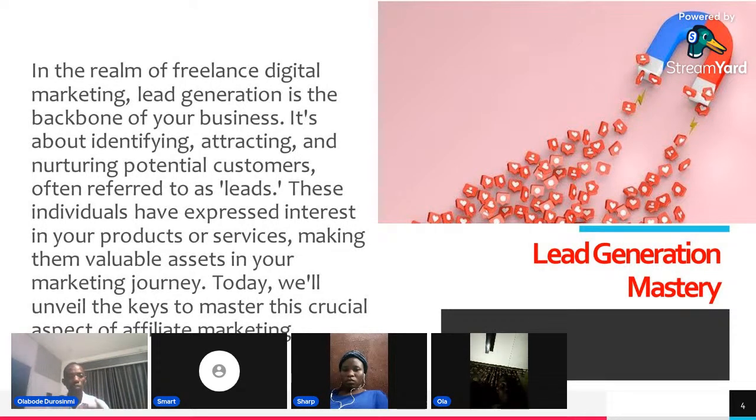So it's also possible for you to place your ads on Google so that when people type and search, you come up among the list of suppliers for that product. So these are two major methods. There are other ones, but these are two major methods of lead generation.